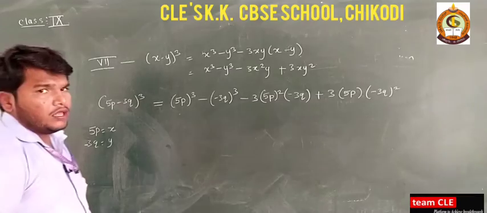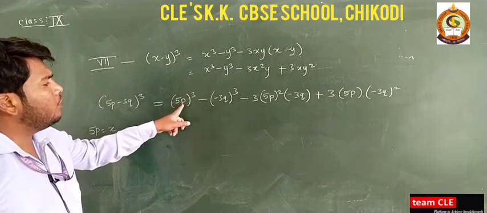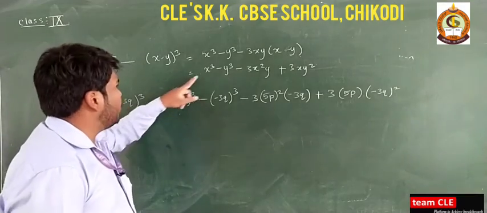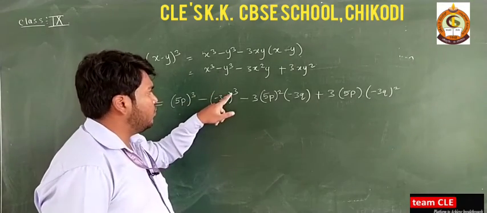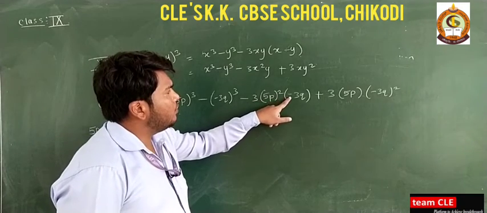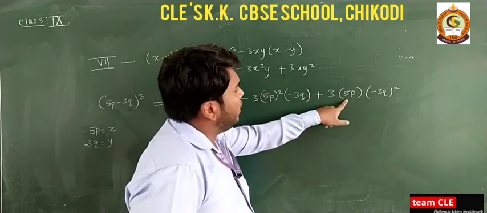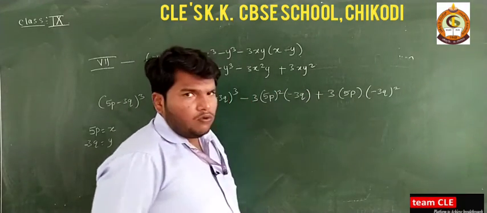Just I substitute in this formula, means x³ is (5p)³ minus y³, (3q)³, minus 3 into (5p)² into 3q, because it is y, plus 3 into x, that is 5p, into (3q)².